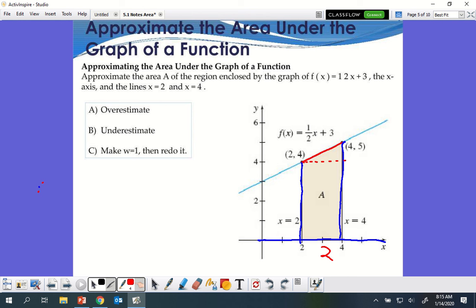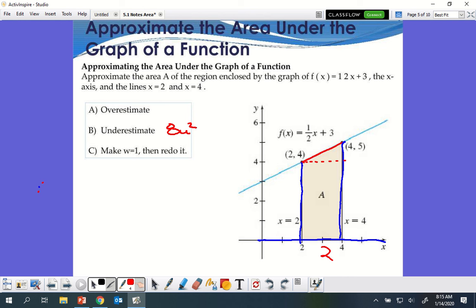Is that going to be an overestimate or an underestimate? Underestimate, right? Because there's still part of it that is not covered, that is not inside that rectangle. So an underestimate would be 8 units. What about an overestimate? What would I use for my height for an overestimate?